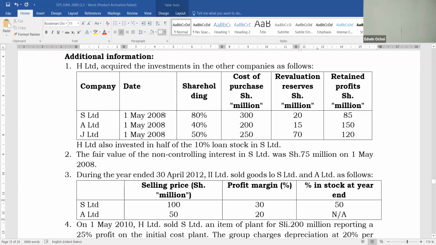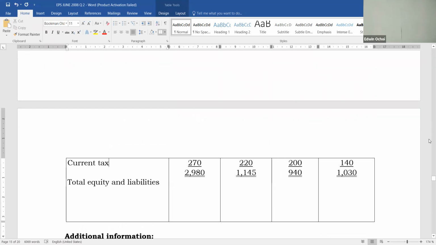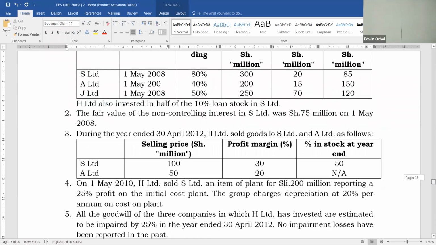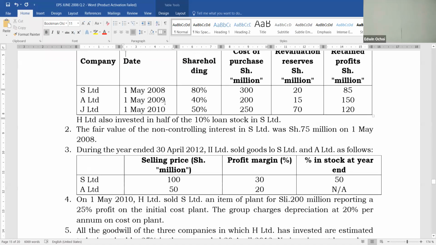S was acquired on 1st May, and the other one was acquired in 2010. So that is fine.